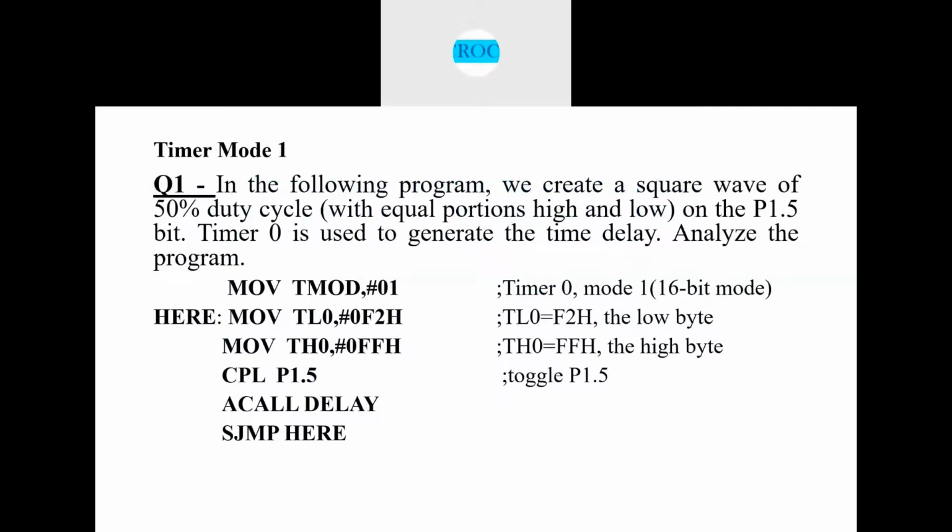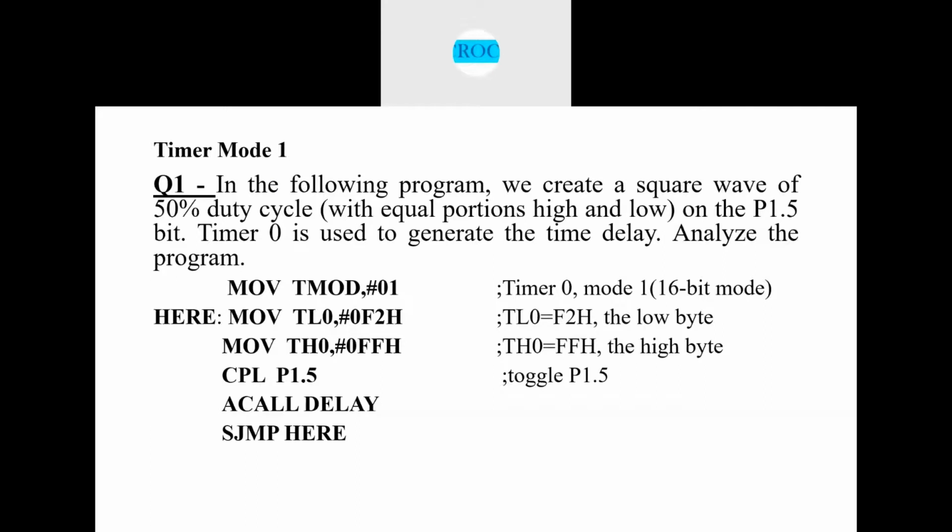Now we'll see one example program. In the following program, we create a square wave of 50% duty cycle, with equal portions high and low, on the P1.5 bit.